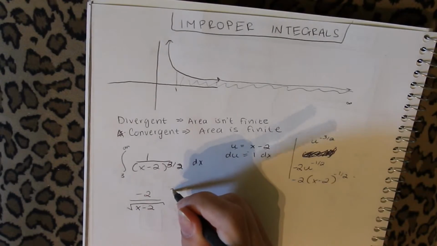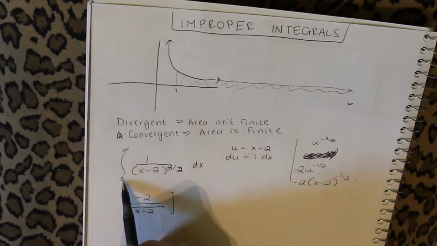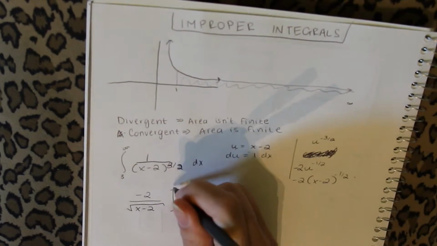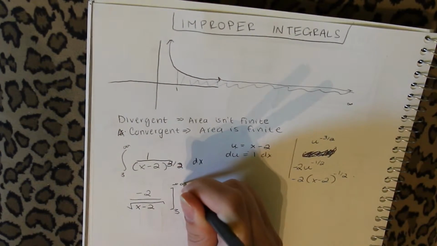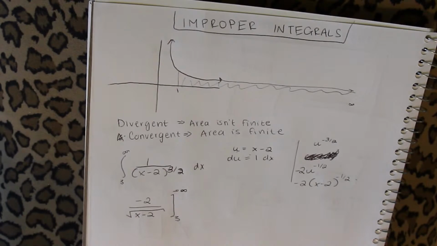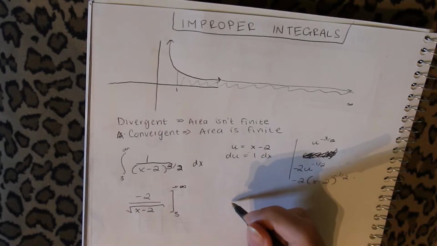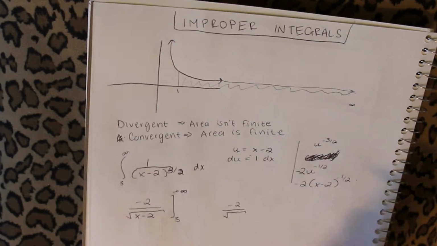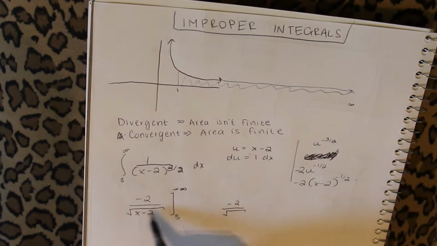And remember that we're evaluating this at x equals 3, and then x approaches infinity. I'm just going to write approaches here to make it a little bit more simple. So again, just like normal integration, we're going to plug these numbers in, see what happens. So negative 2, we're going to have a really big number minus 2.